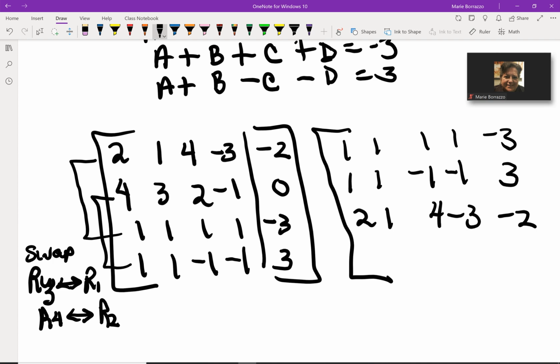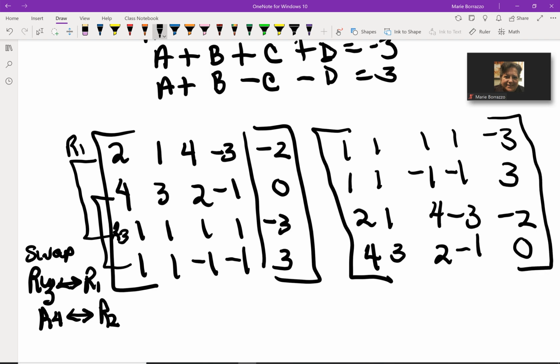Remember, I'm swapping rows 1 and 3. This is row 3. And then obviously rows 4 and 2. So this will be 4, 3, 2, negative 1, and 0.